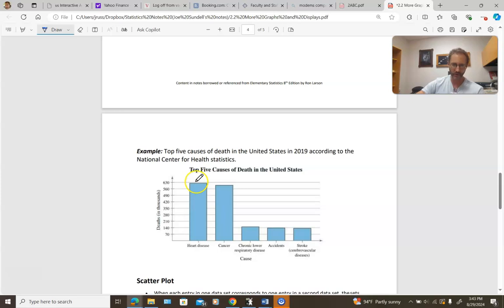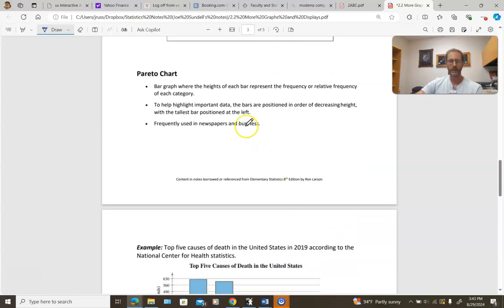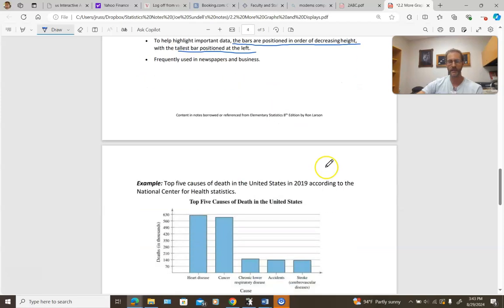So you can see here with heart disease, it's close to 630. That would be close to 630,000. Okay. Also, guys, one other thing. Let's see. Yes, right here. With a Pareto chart, the bars are positioned in order of decreasing height, okay, with the tallest bar positioned on the left-hand side. So that's typically always done with these.